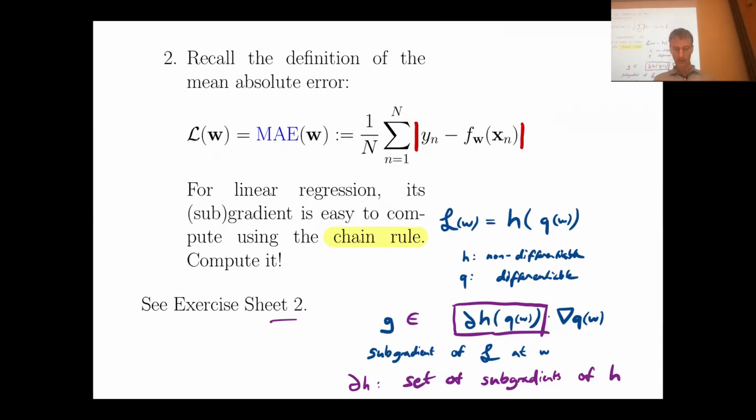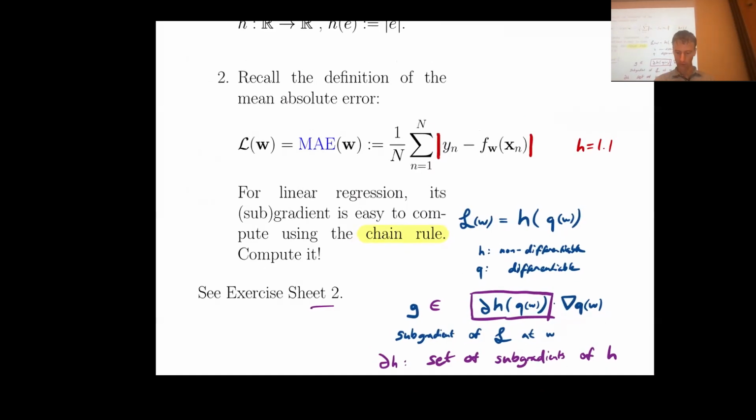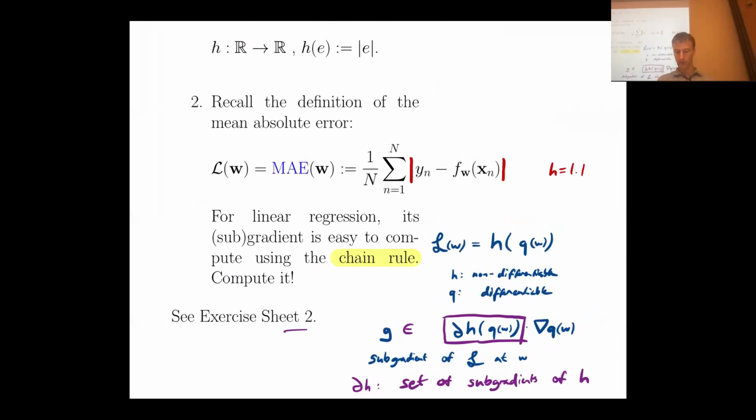So that's what mean absolute error was. You can see it's not differentiable. So the outer function would be this absolute value function, and that's exactly what you have on the exercise sheet today. So this is one example where you can apply this chain rule, if only you knew what a subgradient of the absolute value function is. This is a remaining problem we haven't solved.